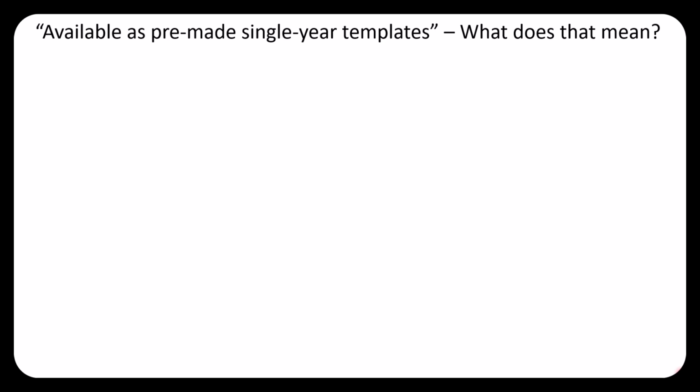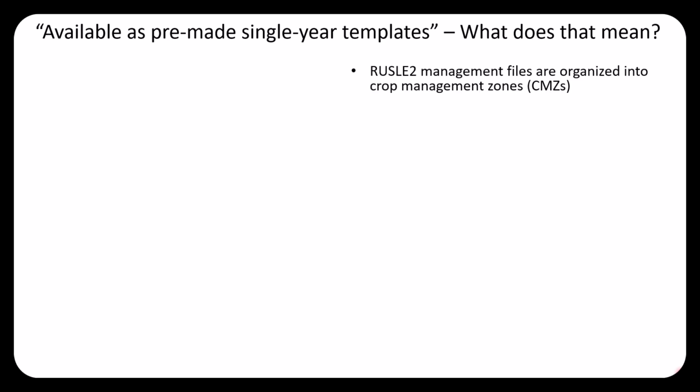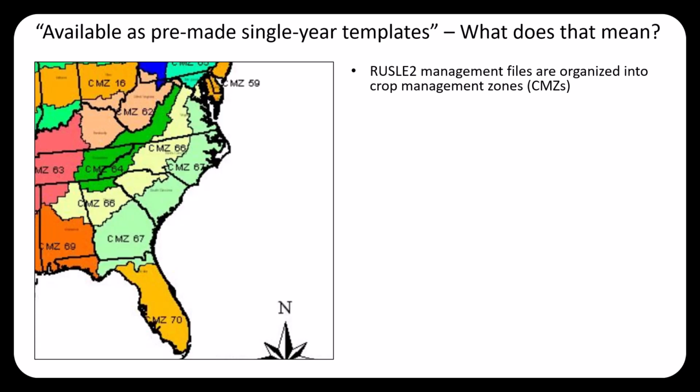As always, keep in mind, if you encounter a topic like this in these introductory videos that you need to know more about, you can consult some of our complementary resources for more details. Okay, so now for the quick refresher. Remember that RUSLE2 management files are organized into crop management zones, or CMZs, and these are broad regions of the country with relatively similar climates, soils, and cropping systems.